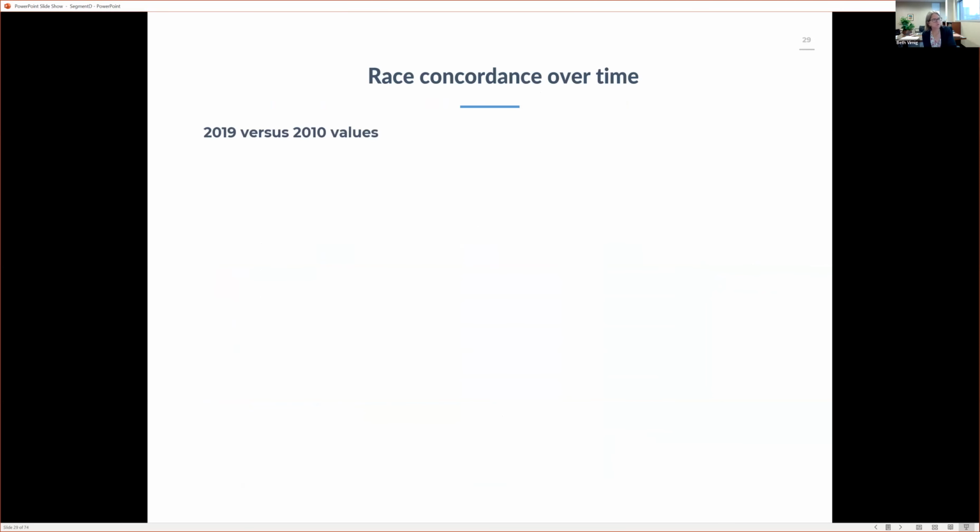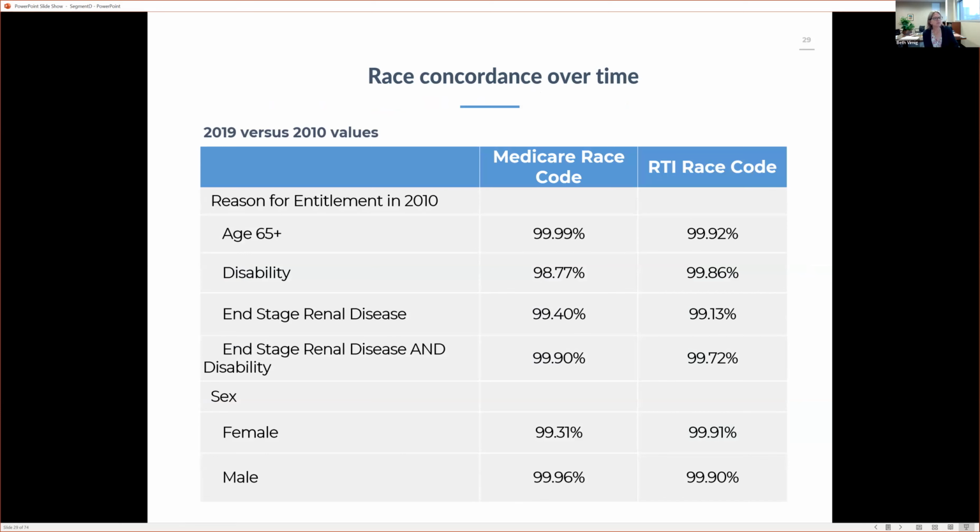So when we look at the concordance of race over time, because this has to do with what happens and what I can decide, one of the things we found was that the concordant race isn't changing. We hear about updates, but the reality is that the concordance between the RTI race code and the CMS race code between 2010 and 2019 isn't changing. They're rarely updating it.